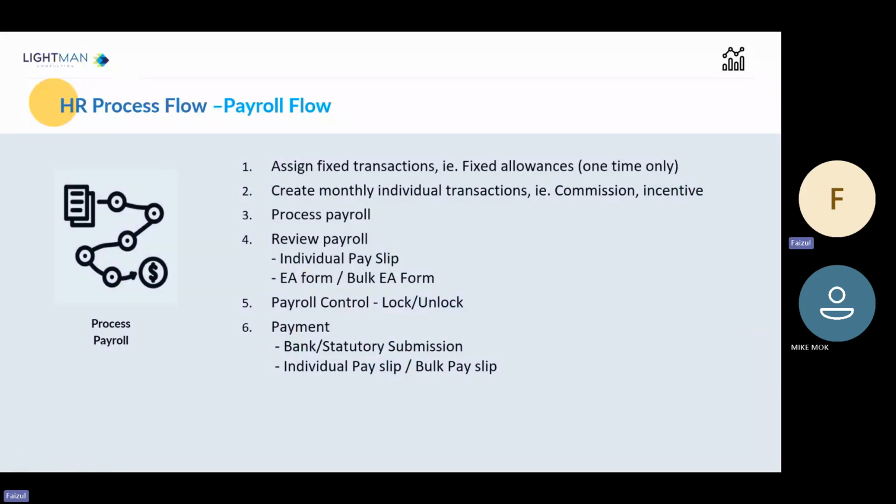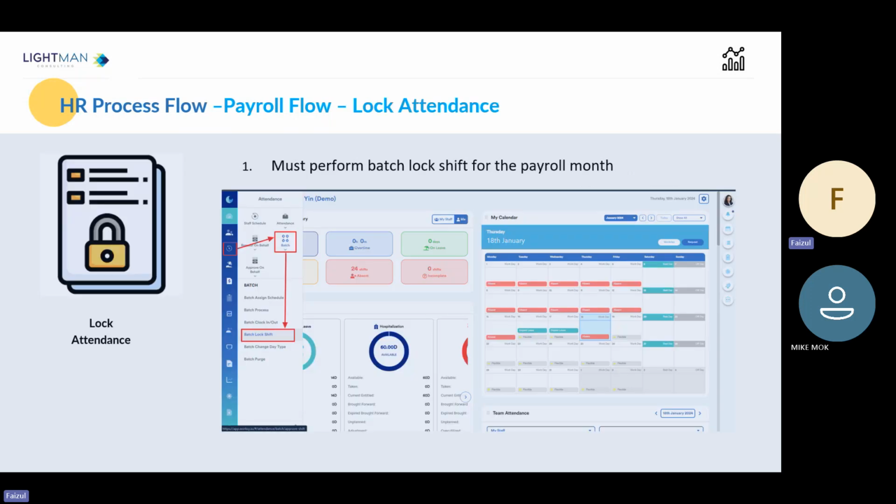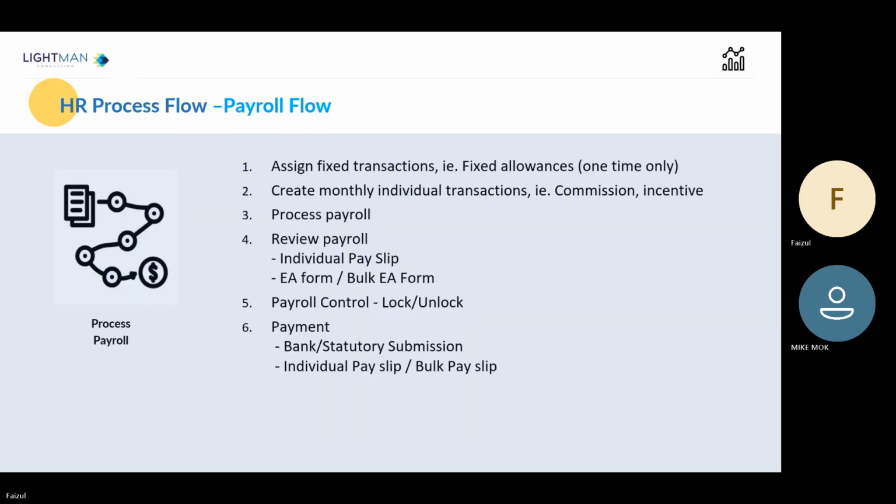And next is process payroll. All right, so this is the process payroll flow. First, assign fixed transactions, fixed allowance, one time only. Second, create monthly individual transactions, for example commission and incentive. Third is process payroll.